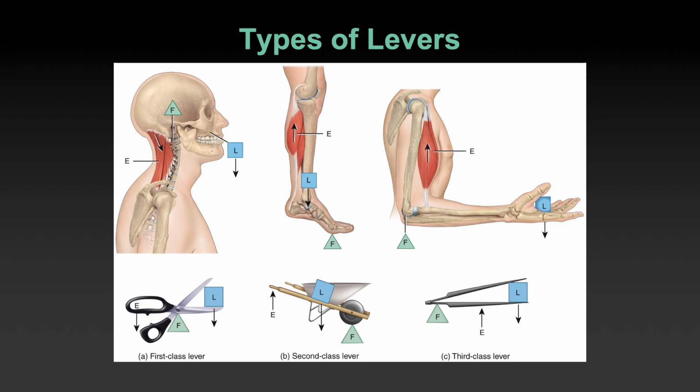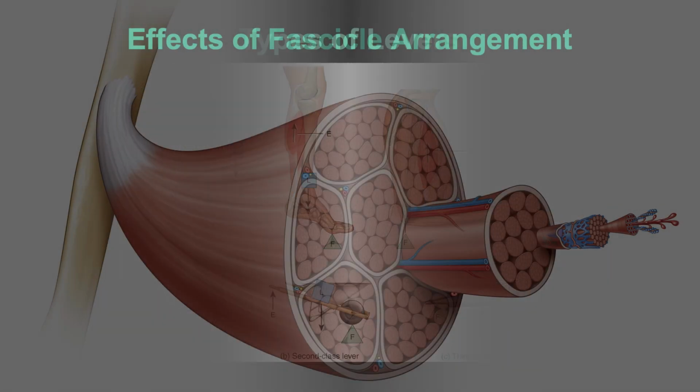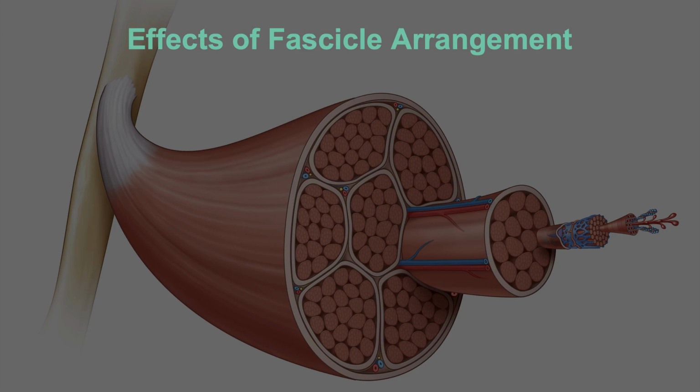Not all muscles are arranged in that linear fashion. And so the way that the muscle fibers are arranged changes how the muscle works. The fibers within a muscle are arranged into groups or bunches called fascicles.